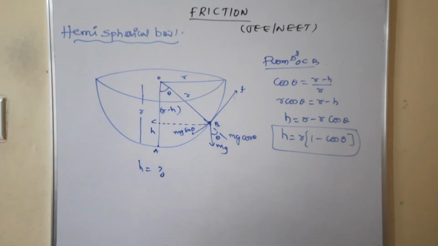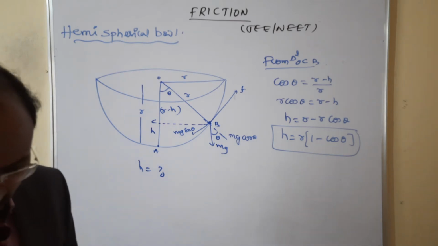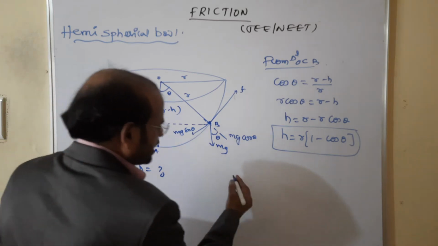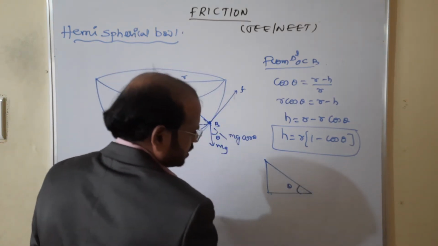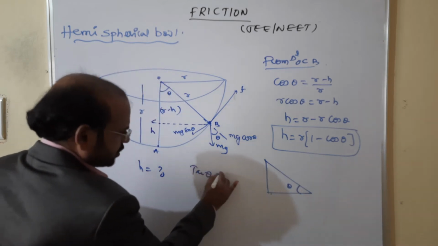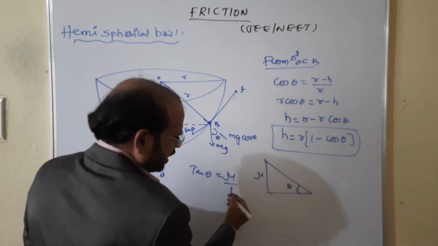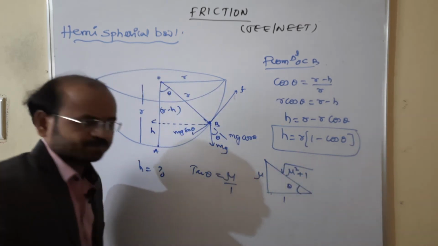Suppose we know the angle, then we get the height the insect reaches. Or else we can get it using a relation: tan theta is equal to mu, that is mu by 1. Then opposite is mu, and adjacent is 1. Therefore the hypotenuse will be root over mu square plus 1.